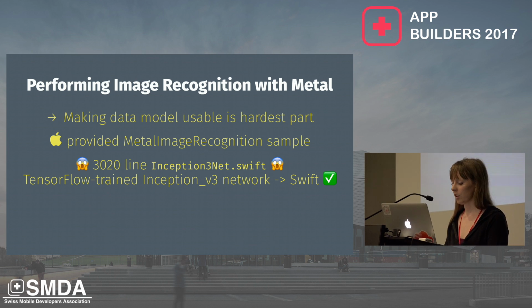For reference, this image recognition model that they used was the TensorFlow trained Inception V3 network. It's a very standard network, and it's 3,020 lines of Swift when they translated these, I think they're called DAT files. It's a binary of about 30 or so files of this data model into Swift.